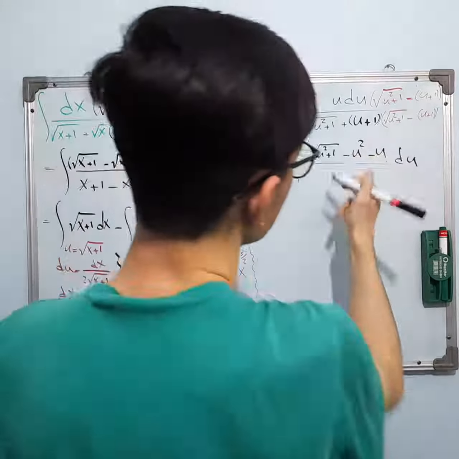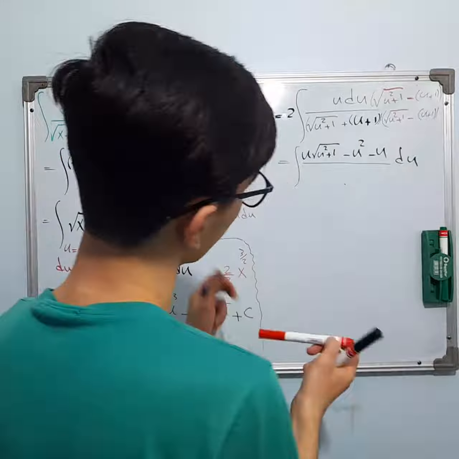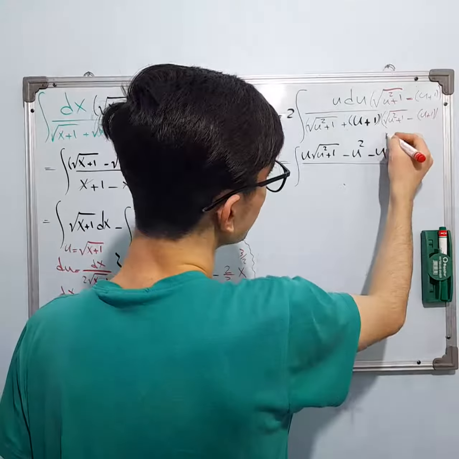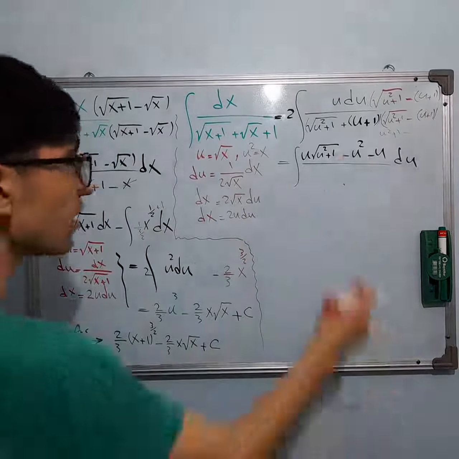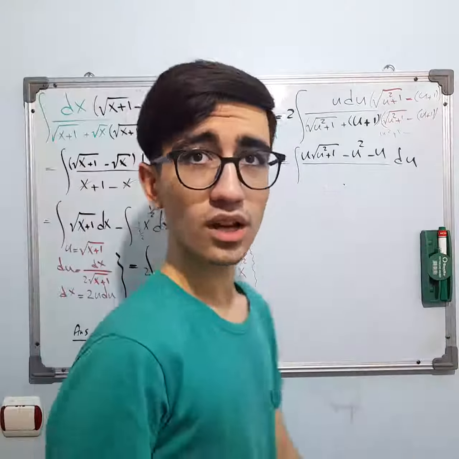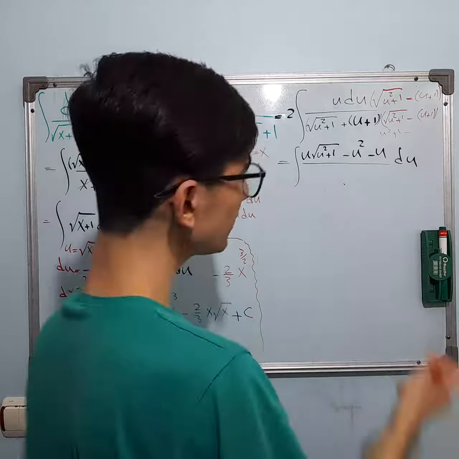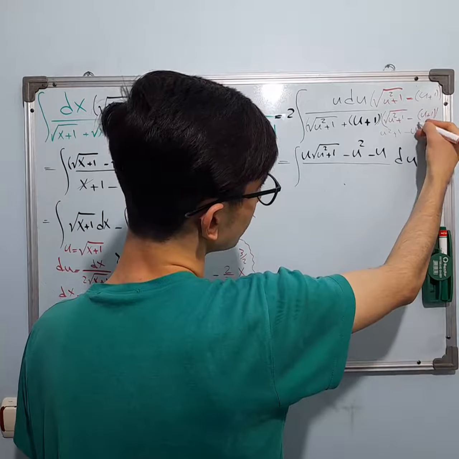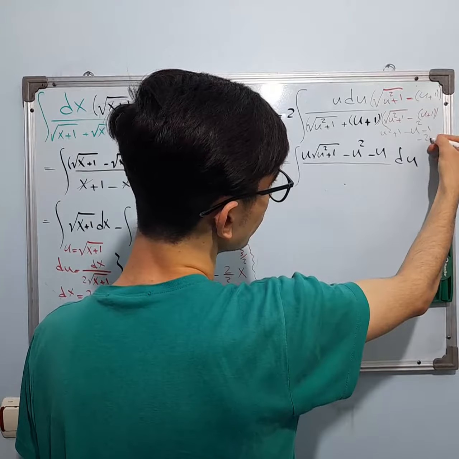But in the denominator, if I square the square root of u squared plus 1, I get u squared plus 1 minus, and if I square this guy, I get u squared plus 2u plus 1, but there is a negative behind it. In this case, I have negative u squared, negative 1, negative 2u.